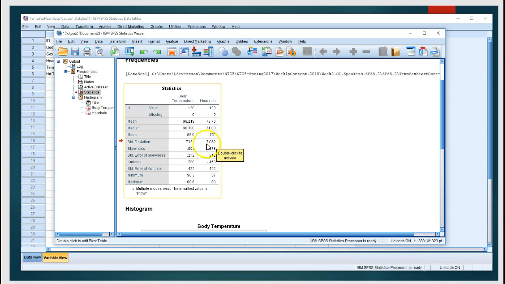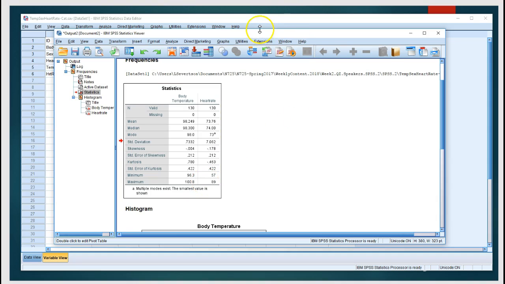You just look at the size of those numbers. And 7 is a lot larger than 0.7. We'll talk about skewness and kurtosis later. And down here, we're seeing simply the lowest temperature in our data set and the highest temperature. The lowest heart rate and the highest heart rate.